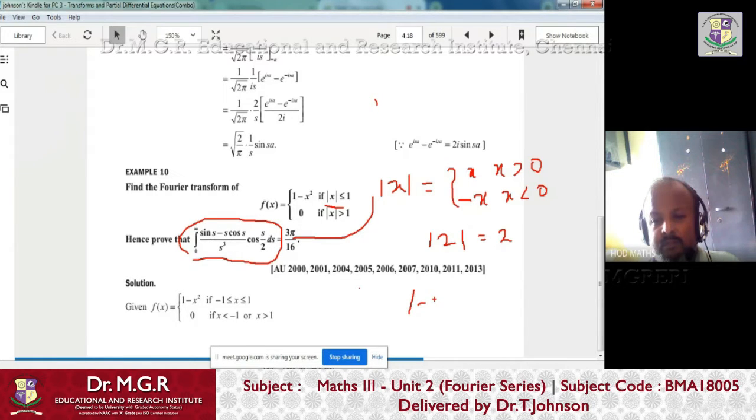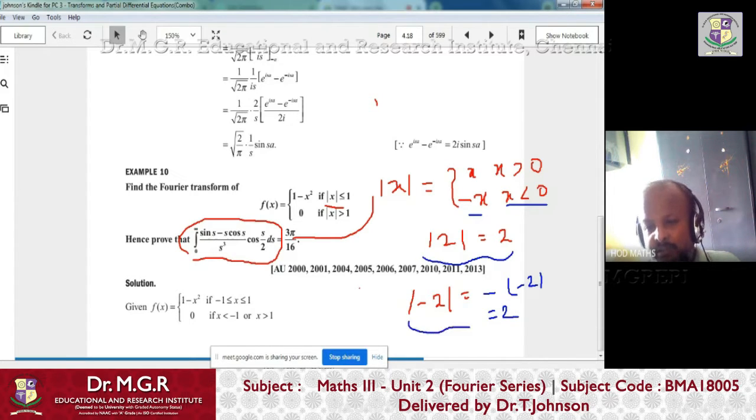Suppose you want to find mod of minus 2. Since minus 2 is a negative number, whenever x is negative, we have to define mod x as minus x. That means minus of x is minus of minus 2, so again it becomes plus 2. So what happened? Mod of 2 is 2, and mod of minus 2 is also 2.